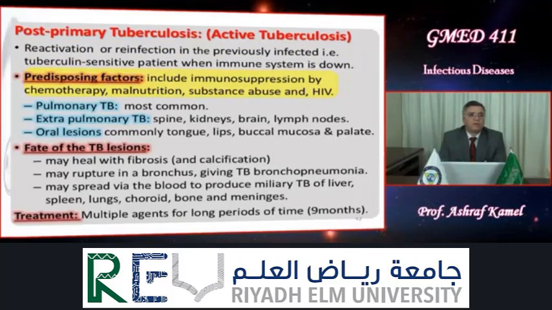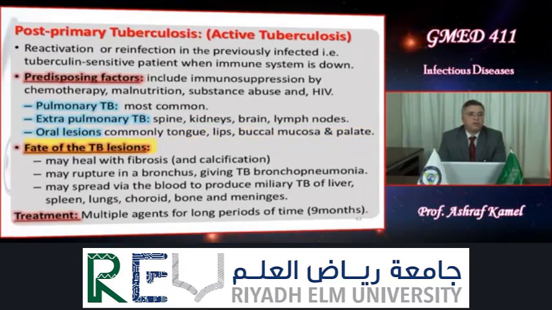Predisposing factors include immunosuppression by chemotherapy or malnutrition or substance abuse and HIV. Pulmonary TB is the most common, but we get also extrapulmonary tuberculosis affecting the bones in the spine, kidneys, brain, lymph nodes. Oral lesions commonly affect the tongue, the lips, buccal mucosa, and palate.